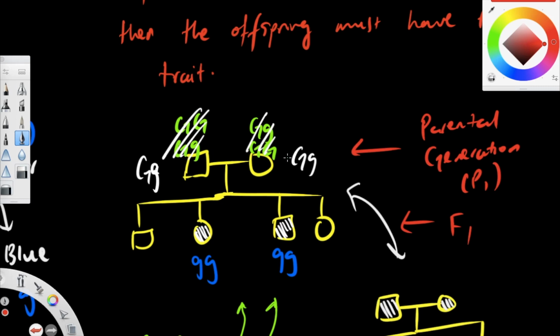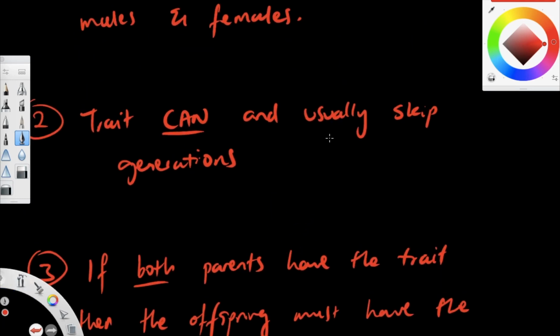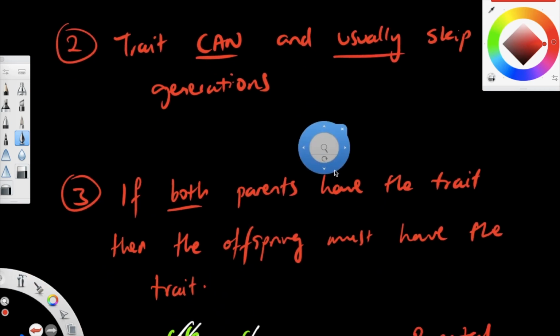Because this generation is unaffected, it does not have affected individuals. And these two unaffected individuals produced affected individuals. Therefore, it skipped a generation, right? And this is possible, and it's usually the case for autosomal recessive traits.